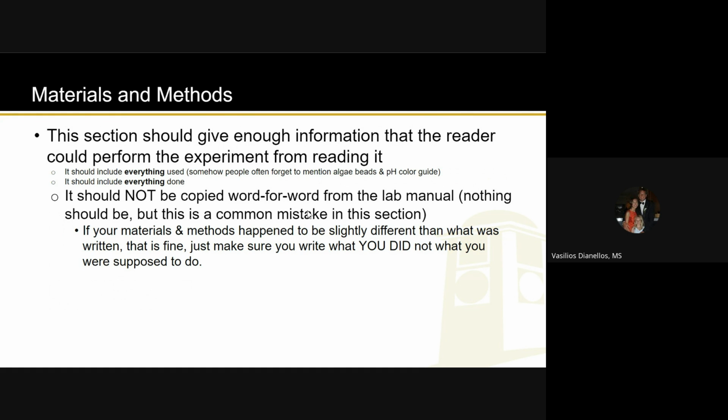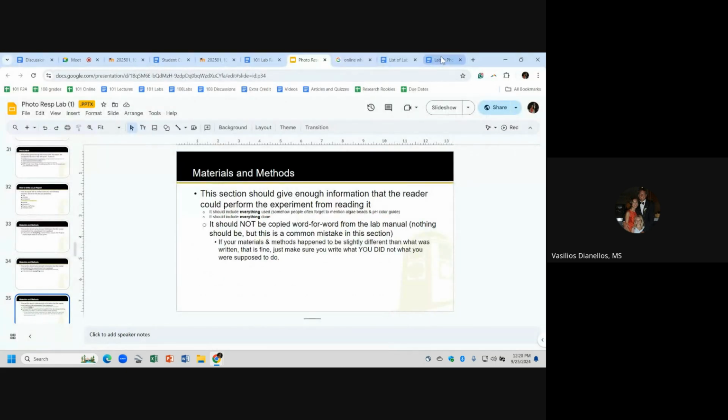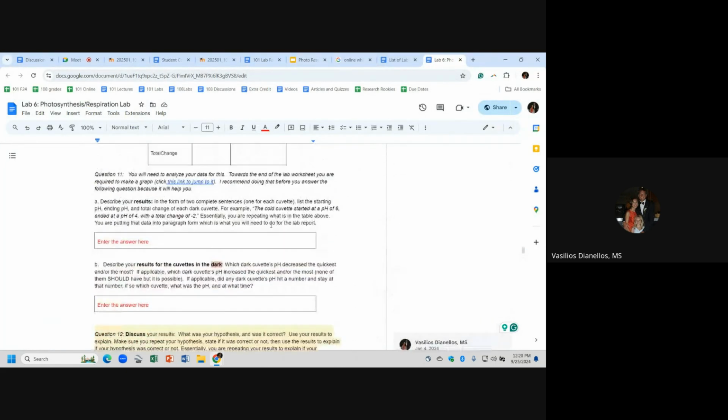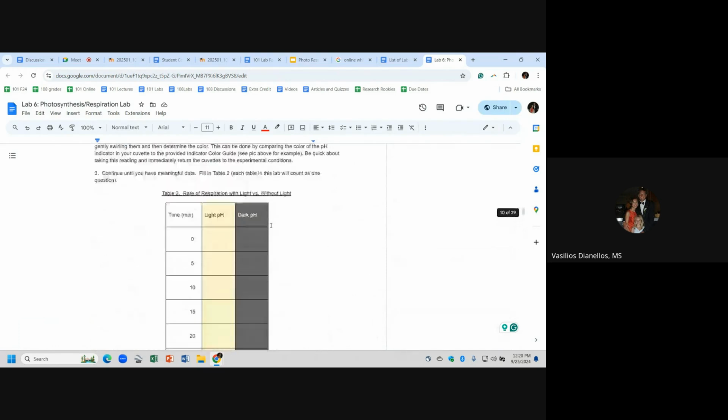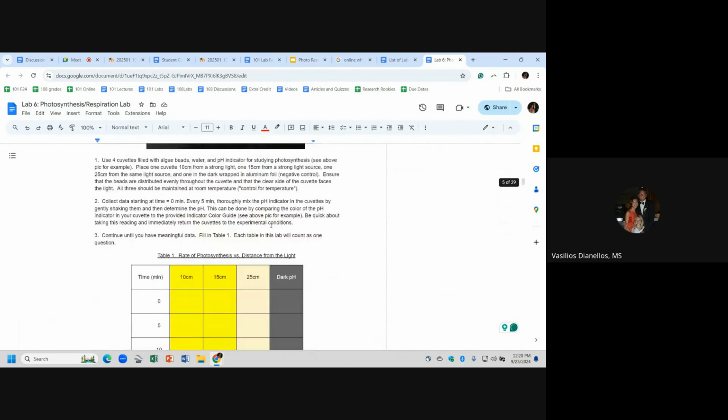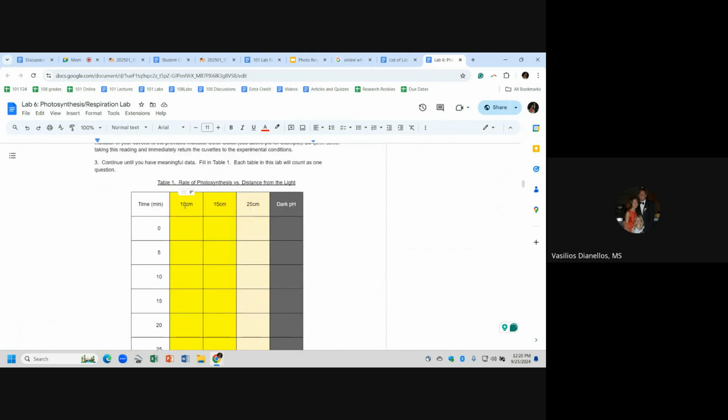Another thing is to make sure that you write what you actually did, right? So what you did might vary from what the lab manual or the lab document tells you to do. For example, when you're doing the light intensity one, this one informs you should have 1 at 10 centimeters, 1 at 15 centimeters, 1 at 25, and 1 in the dark. But this is your experiment.